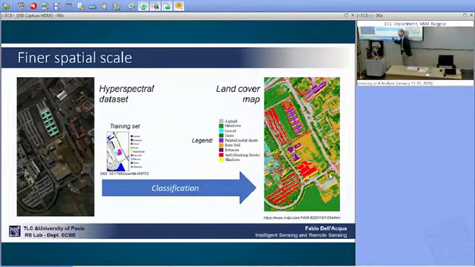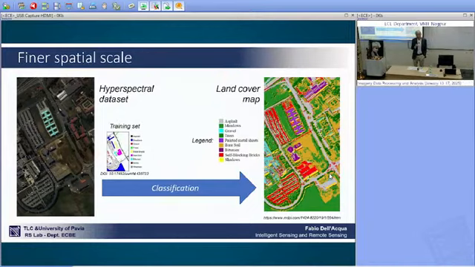On the other hand, we should also be aware that it's faster and cheaper, but it does not reach the same level of accuracy that you could get with other methods. So if you go for in situ inspection, you will get a very accurate map.